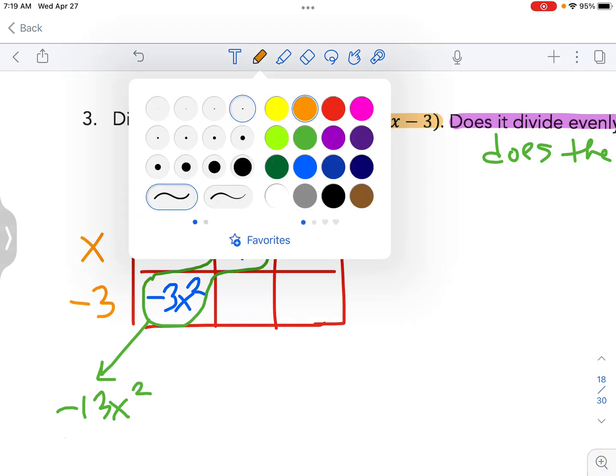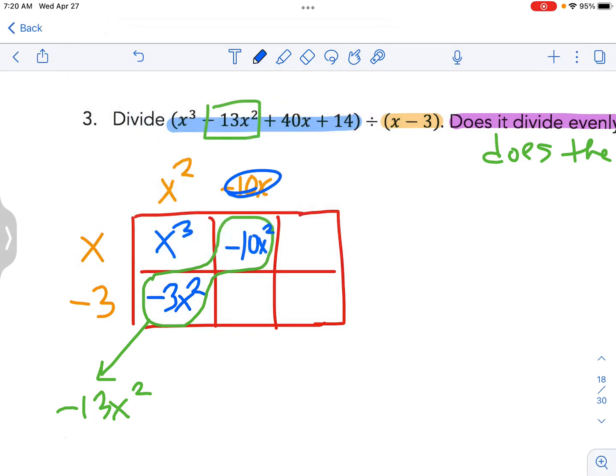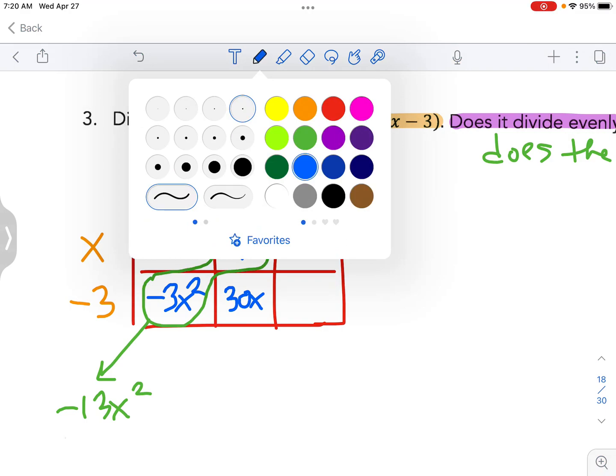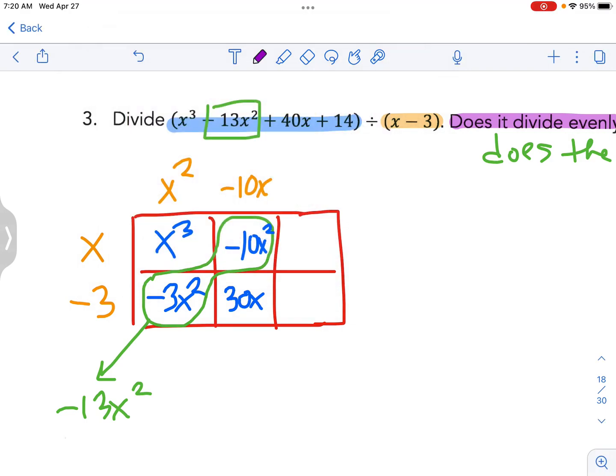And so if that's the case, then negative 10x times negative 3 is a positive 30x. You could put a plus sign there if you wanted to. And then go to purple here.